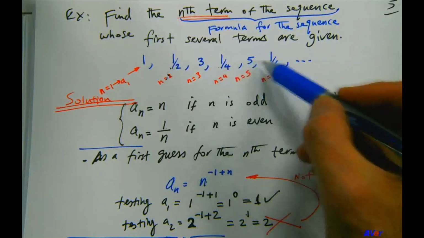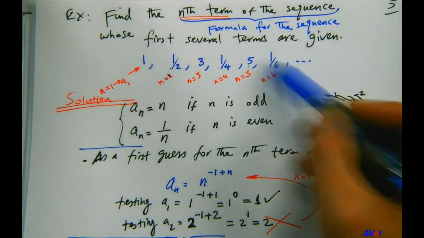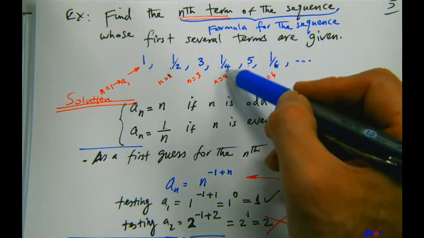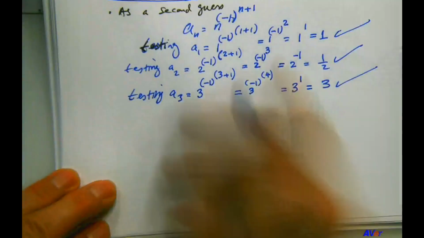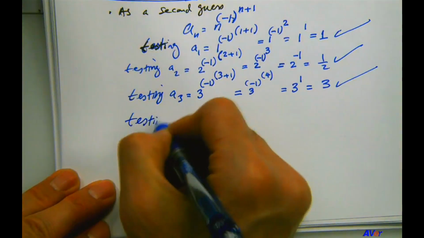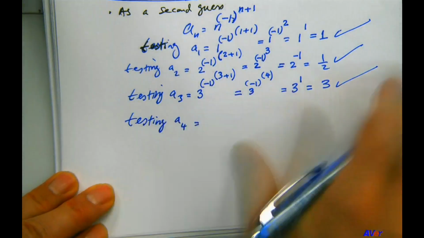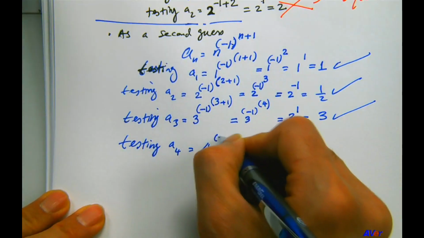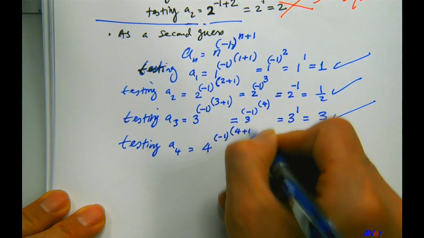I'm going to test the 1/4, and I'm going to leave the testing of A5 and A6 to you guys. So I'm going to test for A4 to see if I'm going to get 1/4 next. Okay, so testing A4. So I'm going to plug in for n with 4. 4 to negative 1 power raised to 4 plus 1.